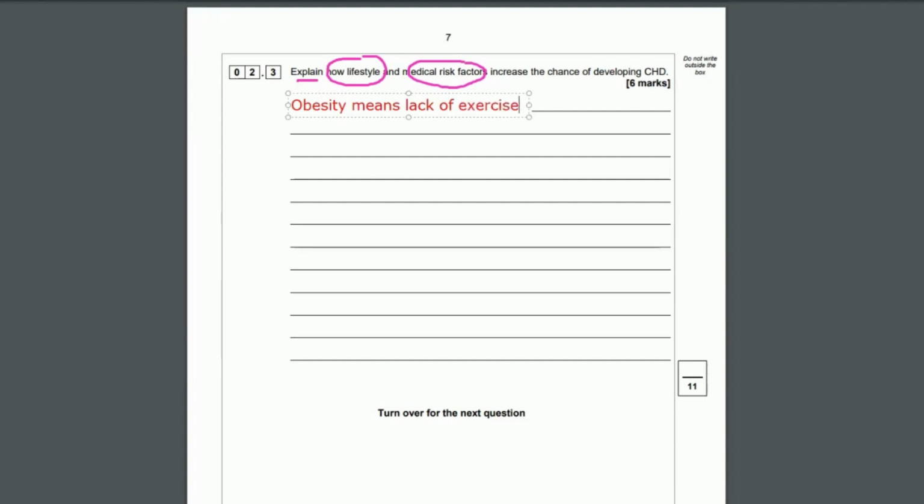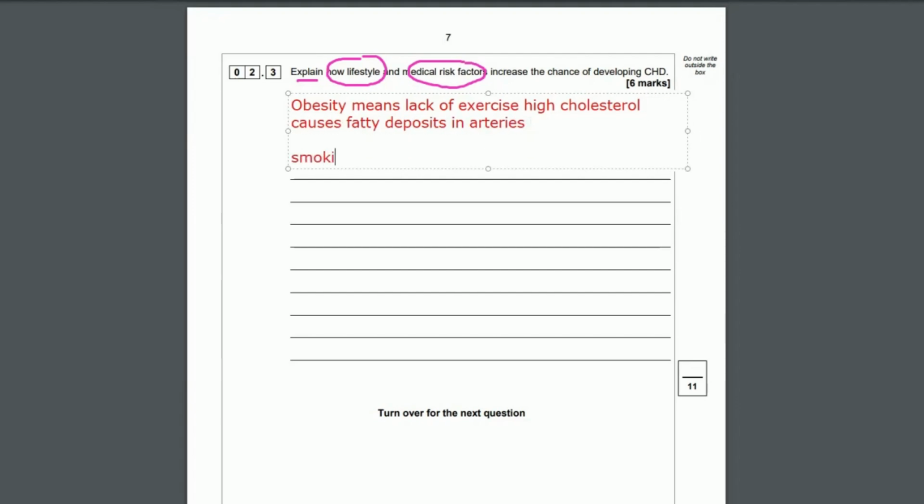And how is that going to worsen things? So we might want to talk about high cholesterol. So if you're obese, it's likely that you don't do a lot of exercise and likely that you have high cholesterol, causes fatty deposits in arteries. So that's a lifestyle factor I've just talked about there. Then we've got something like smoking. What else can we say?